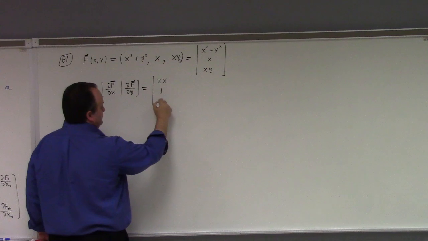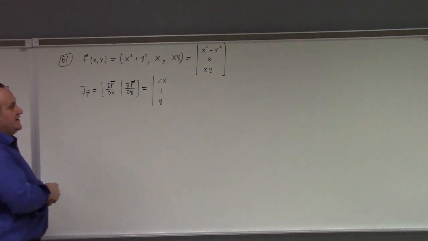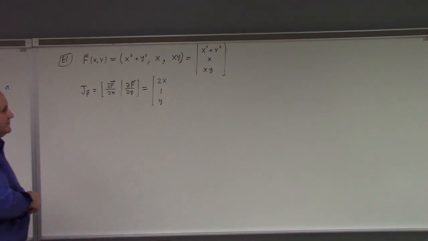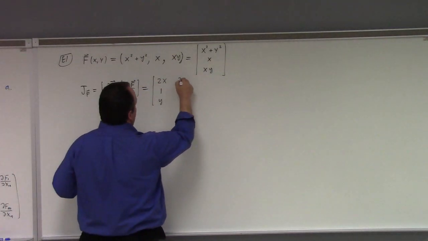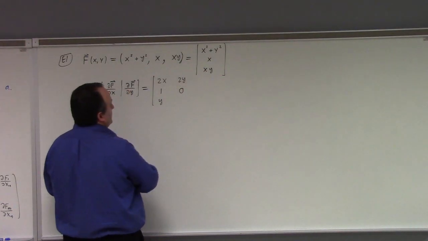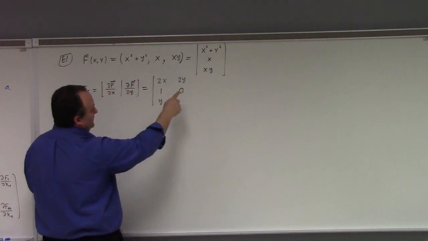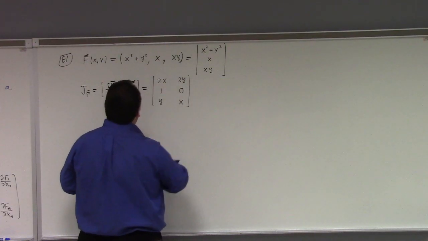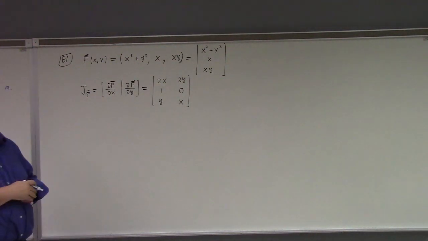And then y. So that's the x derivatives of the function. The second column, y derivatives, we got what? We got 2y, 0. And what's the y derivative of xy? X. There you go. This is the Jacobian matrix of this function.